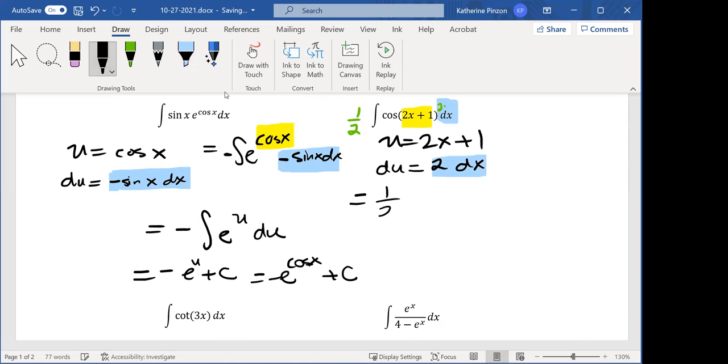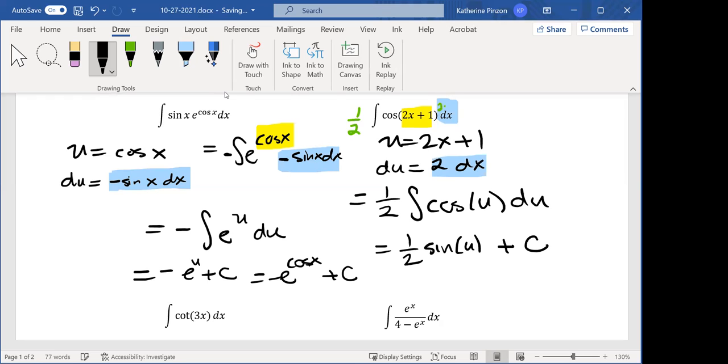So I have 1/2 integral cosine u du. Okay, antiderivative of cosine? So close. Positive sine. Plus c. I started with x's, so I should end with x's.